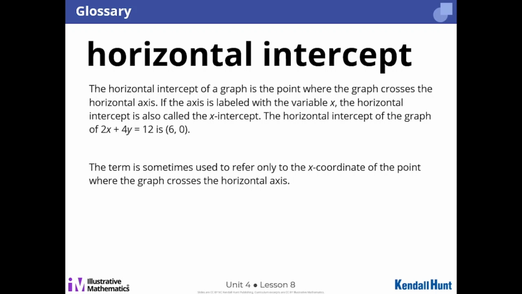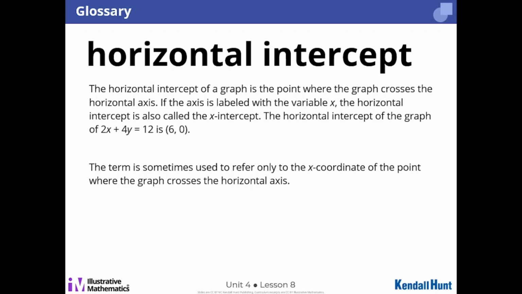So horizontal is your sideways left to right, as opposed to your vertical, a V is made up of 2 lines going up and down, so your vertical would be up and down. Here, your horizontal intercept is where your graph crosses that horizontal or side-to-side axis.